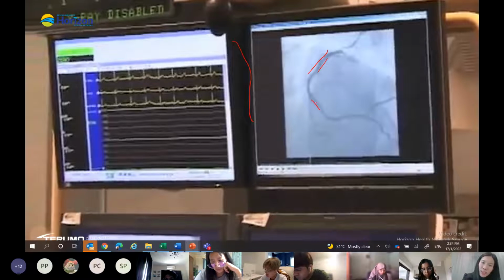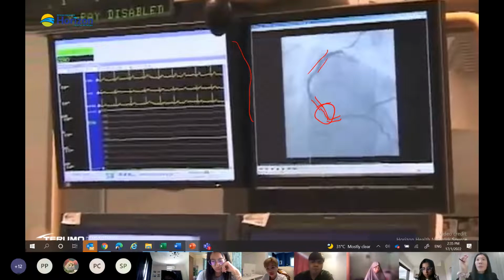You can see that this is quite thick, but then it went down to being slightly thinner. In our vessels, definitely it will taper, but it shouldn't taper and then become bigger again. If this happens, it means there may be something wrong in the middle. There may be some congestion, some lesion, some blockage in that area, which needs to be treated.